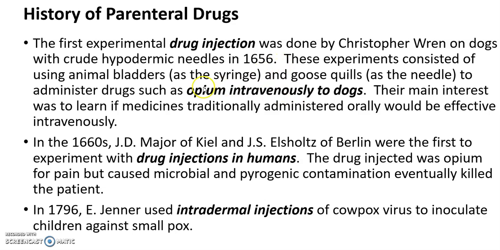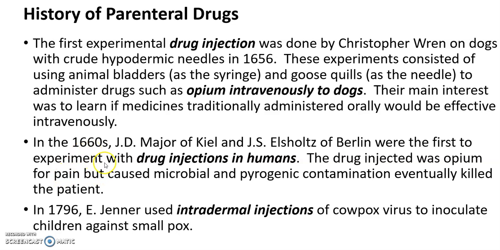He developed a crude syringe, made of animal bladder and goose quill, and through that crude injection device, he tried to inject some opium intravenously. A kind of crude experiment.